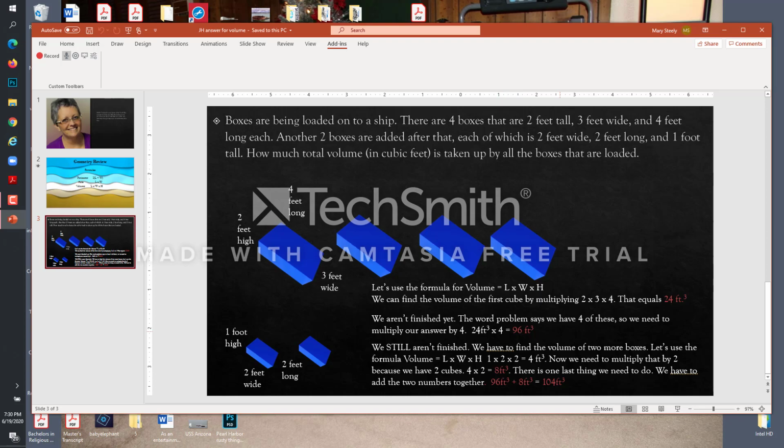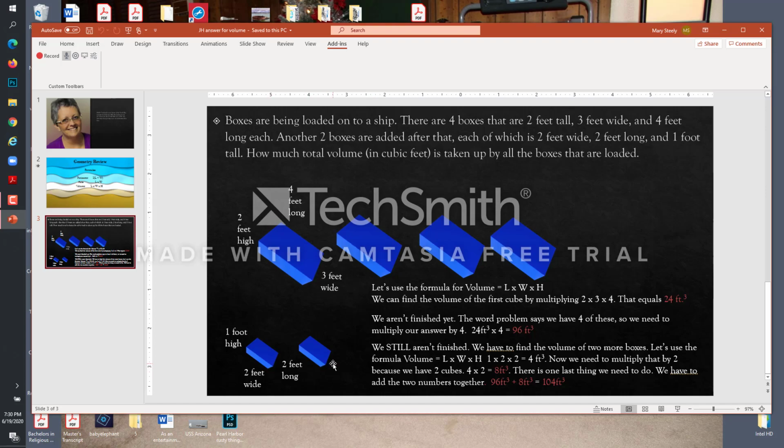Okay? But we still aren't finished, because what about these 2 little boxes over here? We have to find the volume of 2 more boxes. Let's use the formula. Volume equals length times width times height. So we're going to do 1 times 2, which is 2, 2 times 2, which is 4, and that equals 4 feet cubed. Now, we need to multiply that by 2 because that's just the answer for one of them.